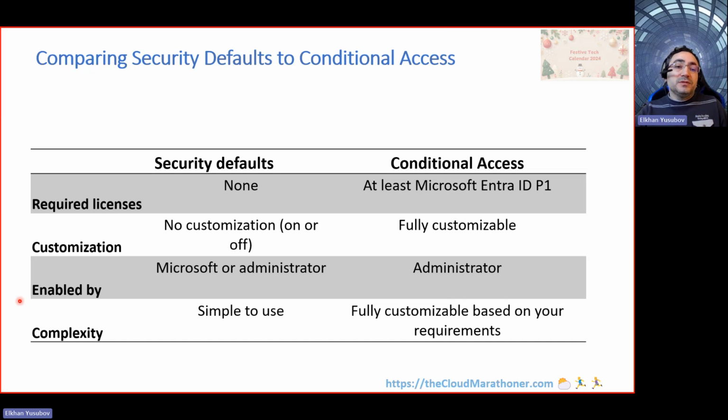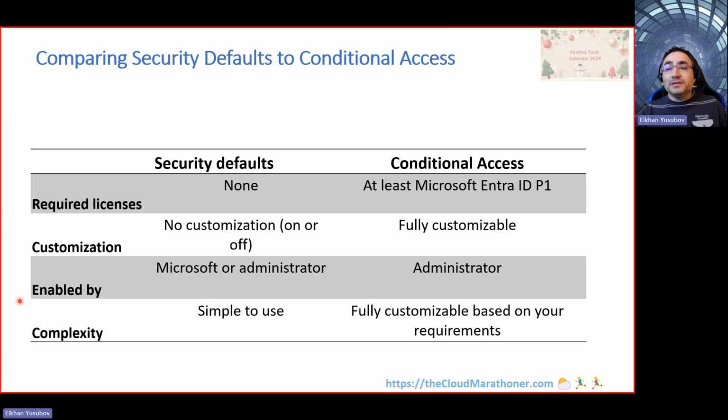As you see, while security defaults are a good baseline to start your security posture from, they do not allow for the customization that many organizations actually require to operate. Conditional access policies provide a full range of customization that more complex organizations do require.